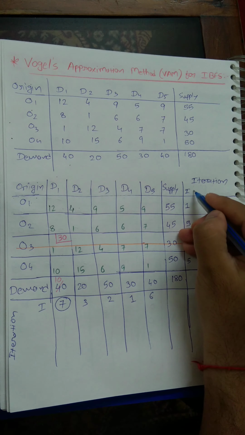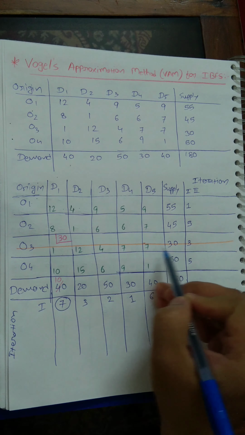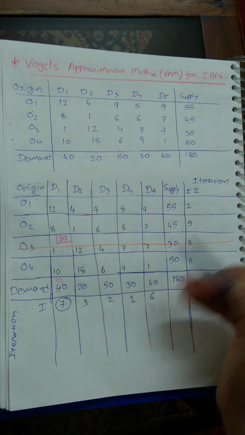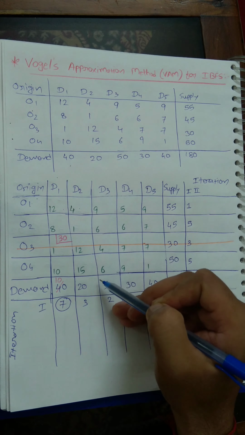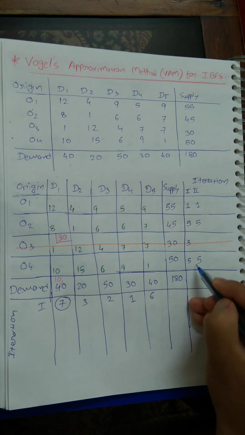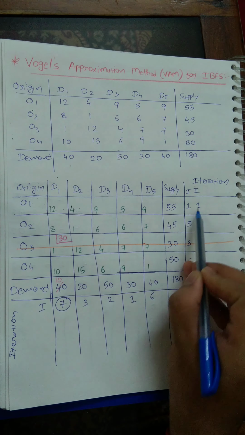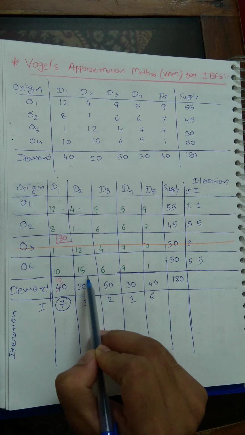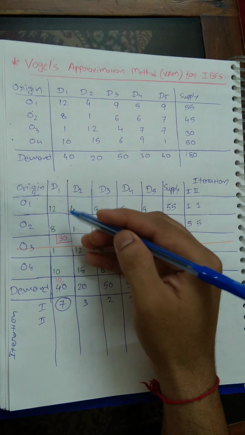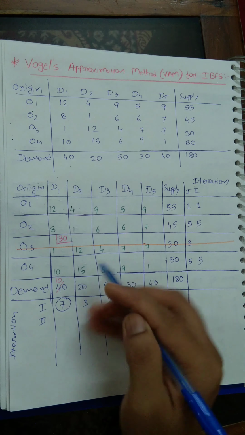Now do the second allocation. For this we will do the second iteration. Make one note: here a row is cancelled, so the iteration values for the other rows will remain as they are. So you can blindly write the values 1, 5 and 5. For the second iteration of the columns, for the first column D1, 10 minus 8 will be 2.